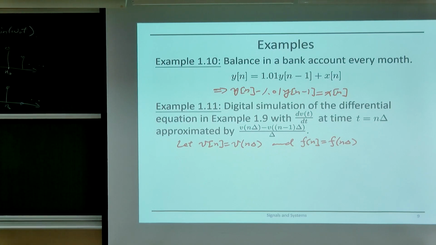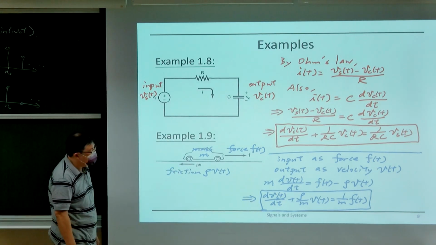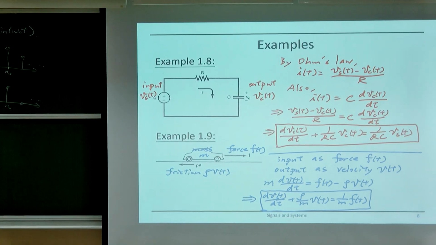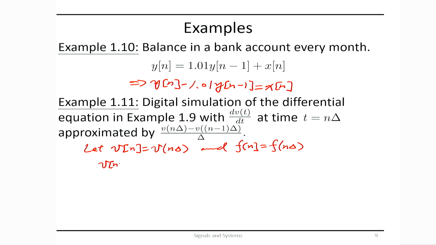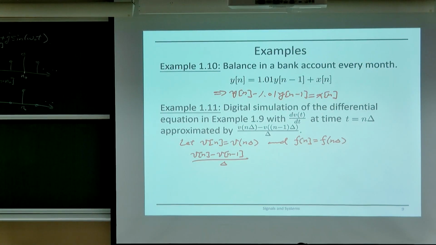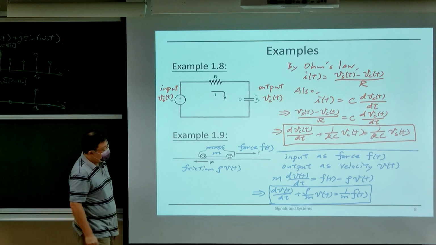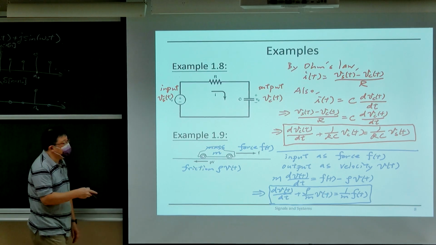And then plugging this into this equation here, the derivative is now approximated by the difference between two consecutive samples divided by the time difference, plus rho over m, v of t, where t is equal to n delta.